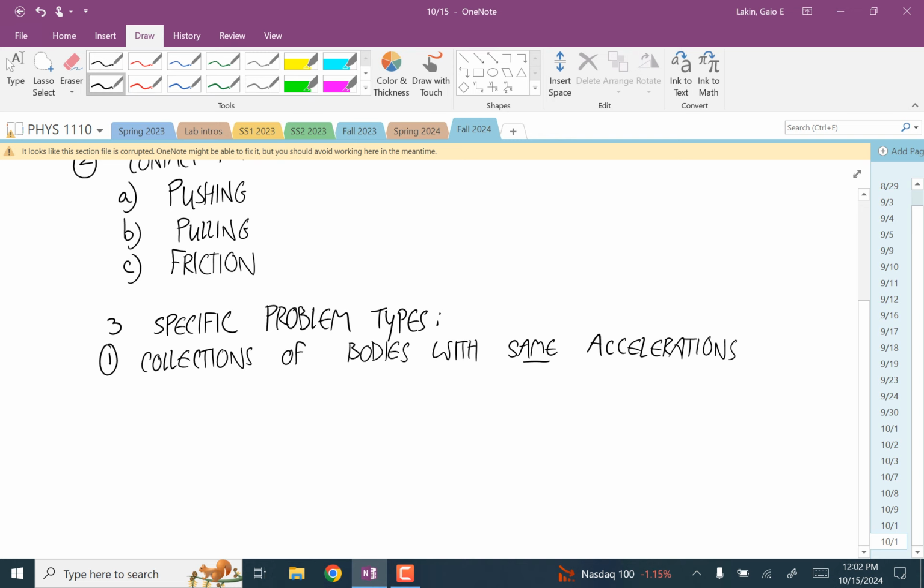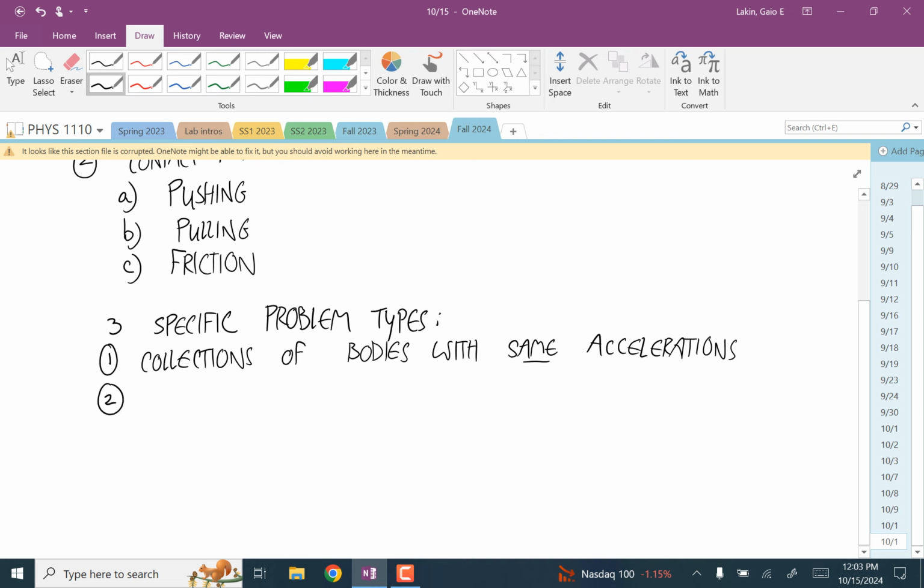And remember that to solve problems like this, the first thing we did was isolate the whole system as a single thing, and we used that to calculate the acceleration. And then we isolated individual bodies. So we're done with this one.